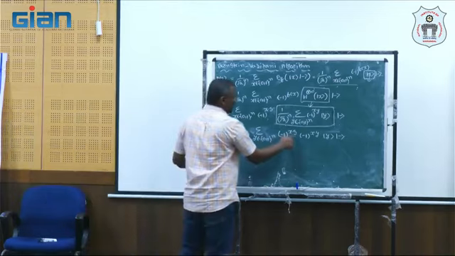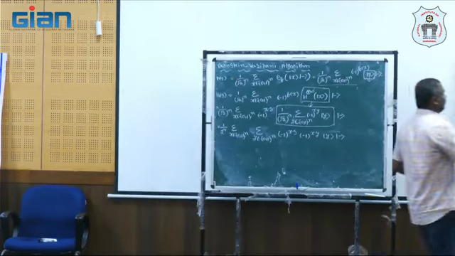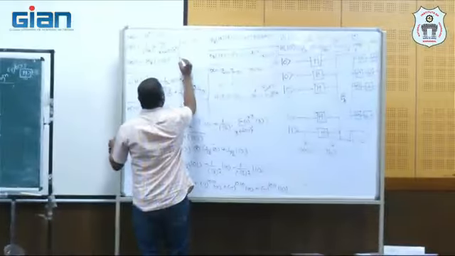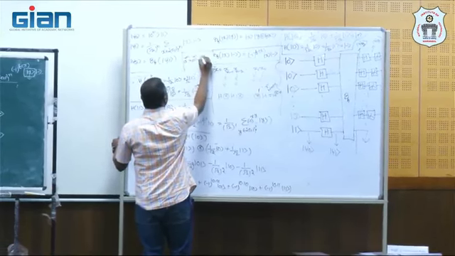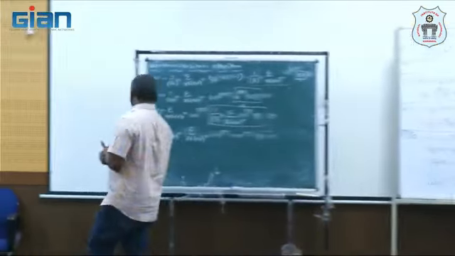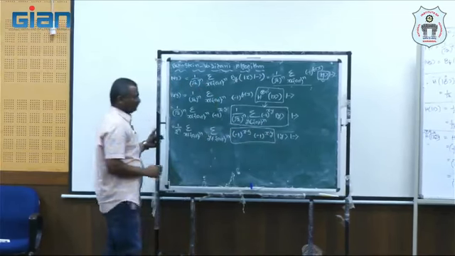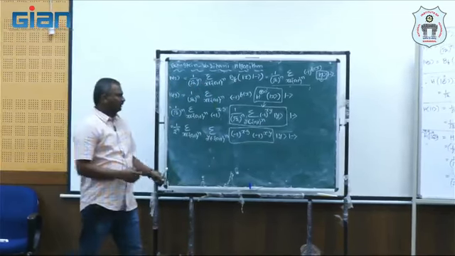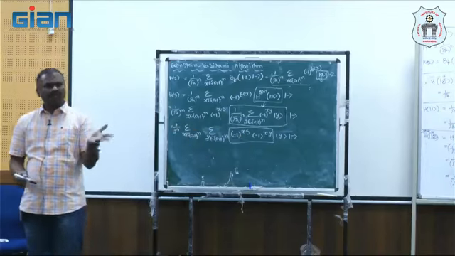Now this is a power m into a power n. We know that a power m into a power n is a power m plus n. We know that formula. So what can we write here by combining these two? Finally, x·s value is what? 0 or 1.